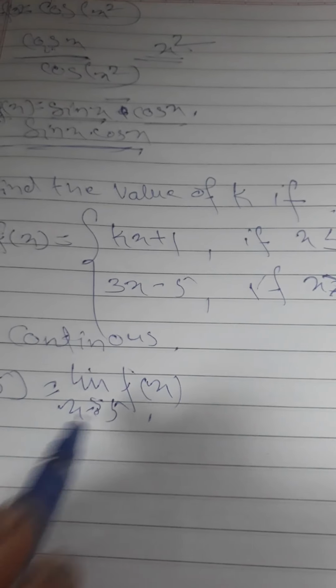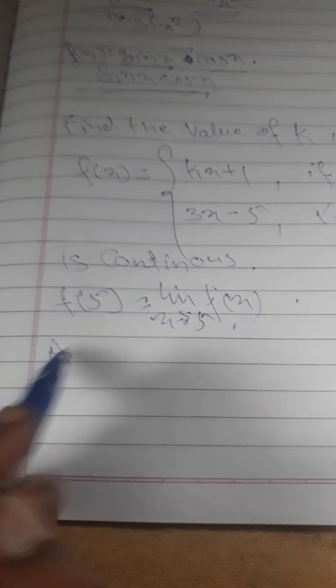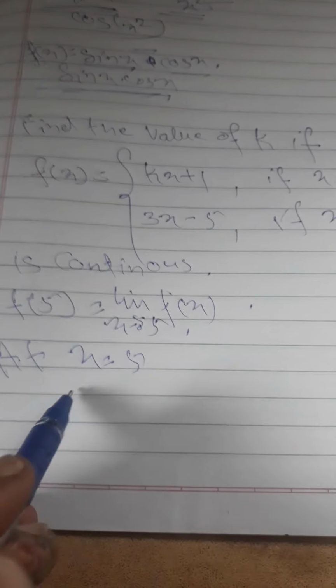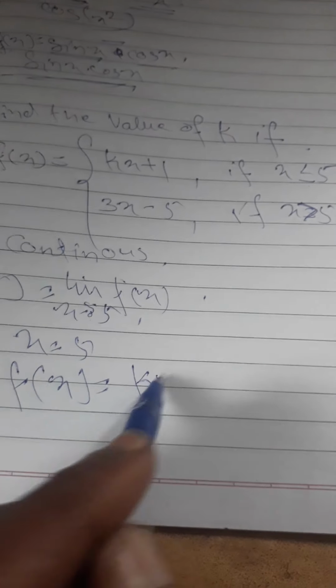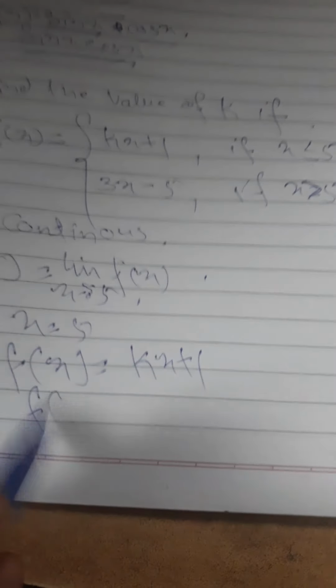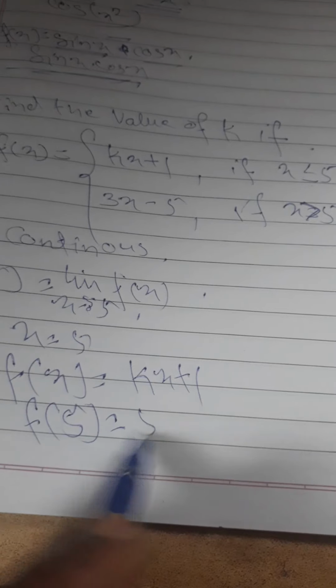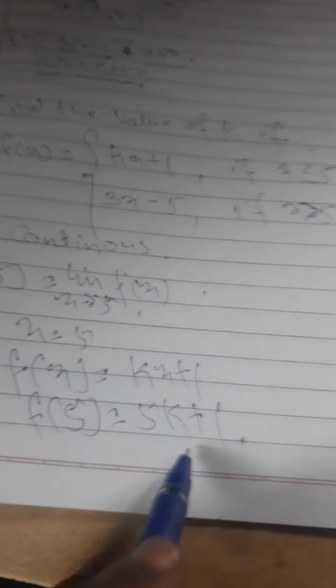This condition is going to hold good here because f of x happens to be a continuous function. Now at x equal to 5, f of x is defined by what? Less than or equal to, so it is kx plus 1. So f of 5 is equal to 5k plus 1.